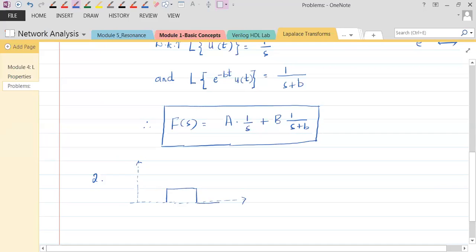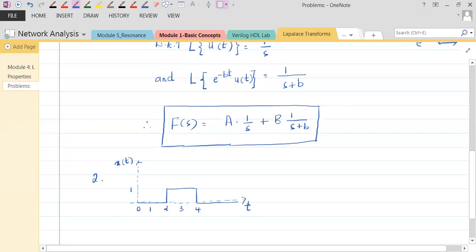So this is what the signal is. 0, 1, 2, 3, 4. It's 0 throughout, and this is 1. And this is the signal which is represented as x of t.